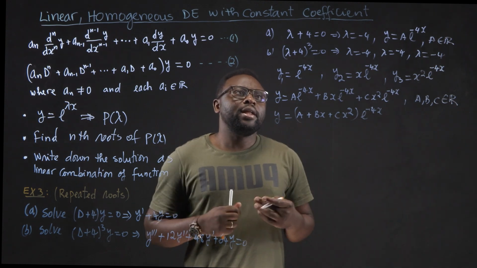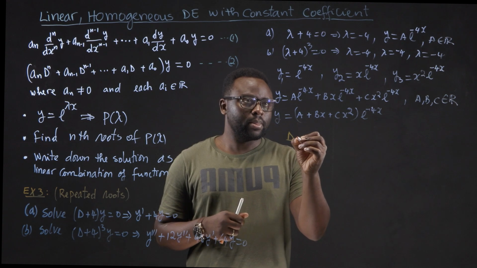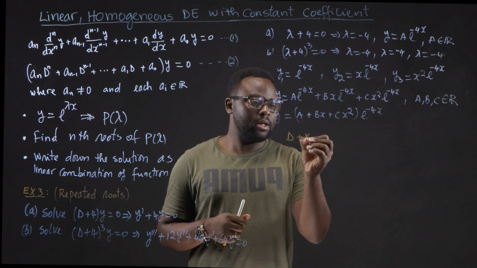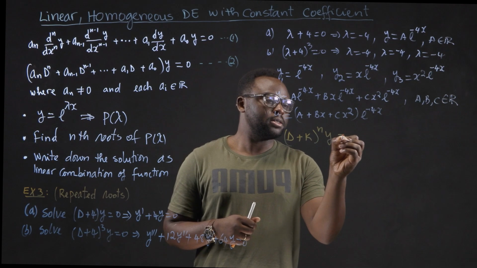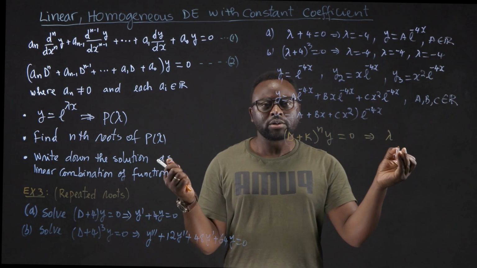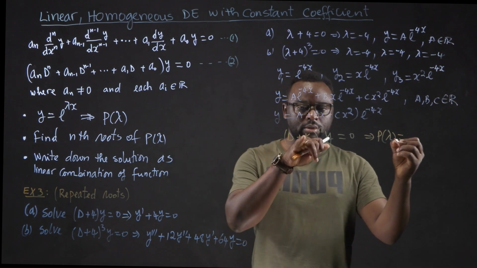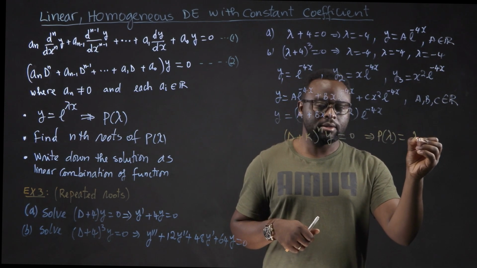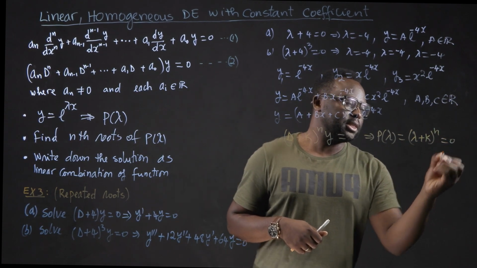So in general, if we have an equation like this, D plus k to the power n times y equal 0, the auxiliary polynomial leads you to p of lambda equal lambda plus k to the power n equal 0.